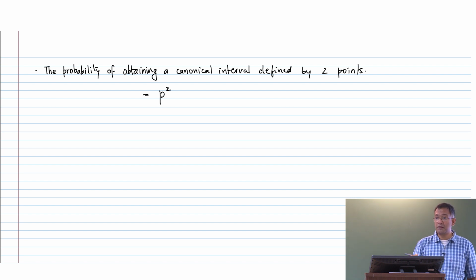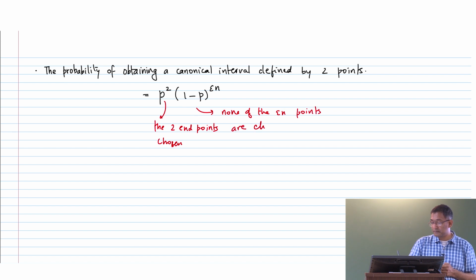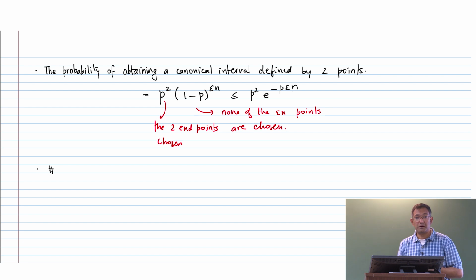This is p square, that the 2 endpoints are chosen, times, so let me just quickly do this, p square e to the minus p epsilon n.